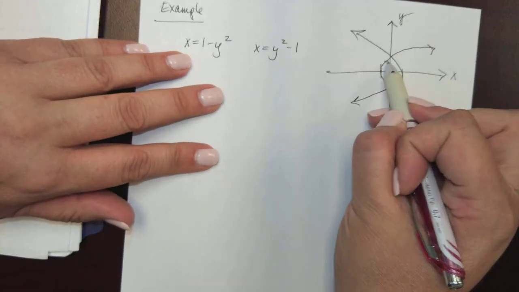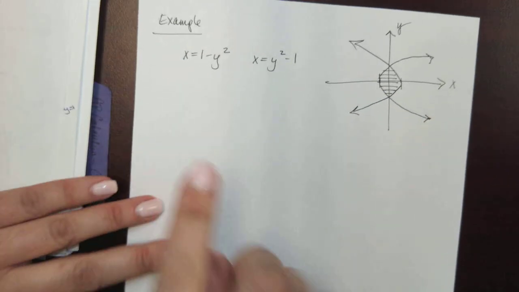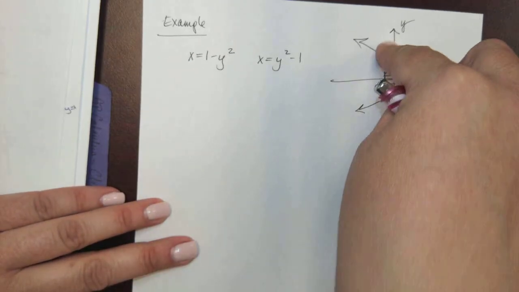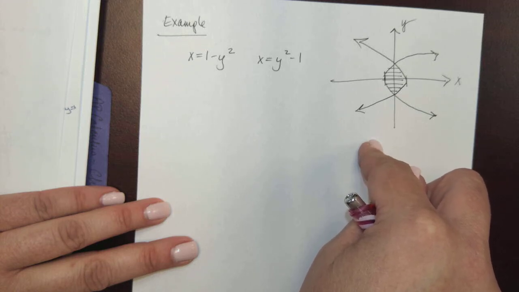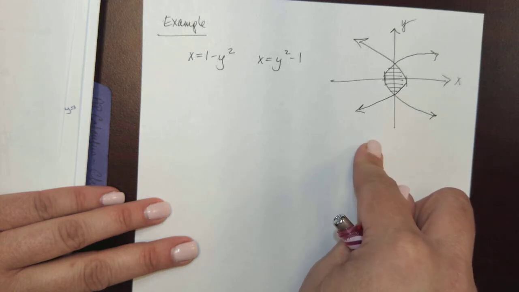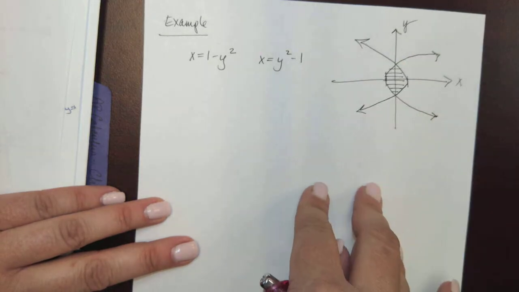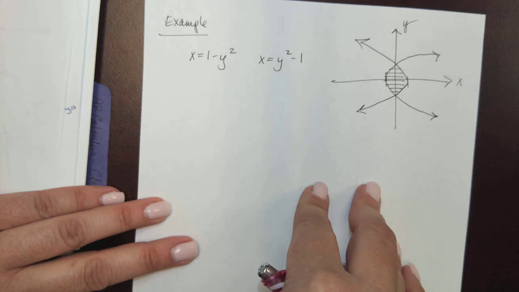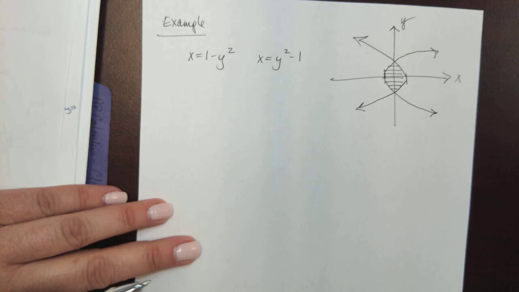So my region is this. These are not functions straight up because they don't pass the vertical line test. I would have to do some manipulation to solve this in the vertical, but I'm going to do horizontal.